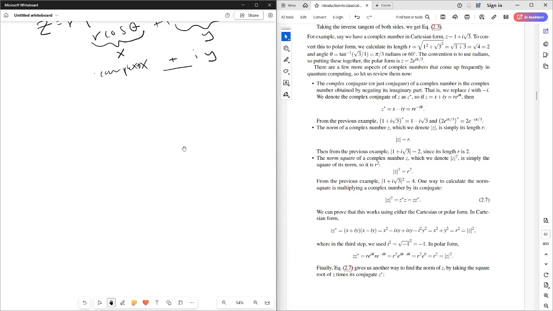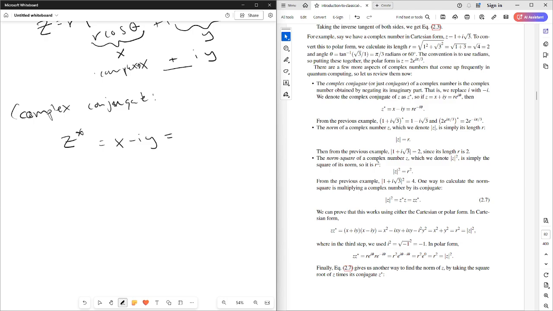The complex conjugate. So z star equals x minus iy.